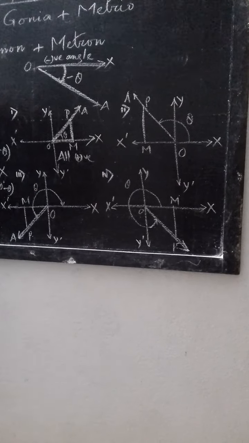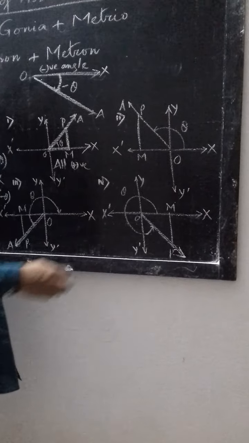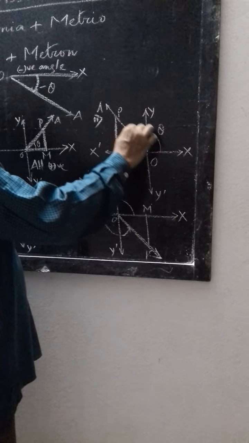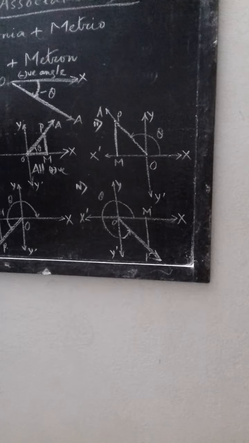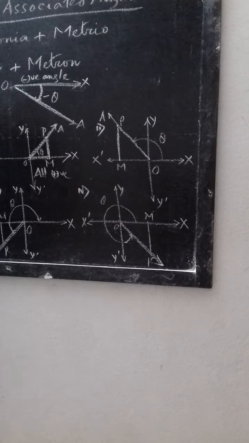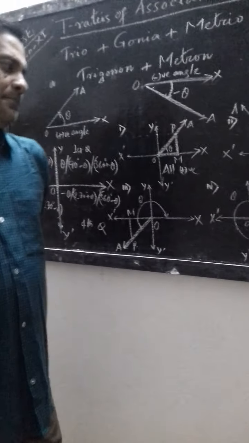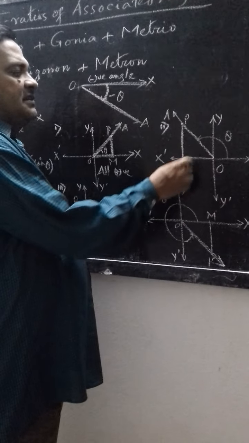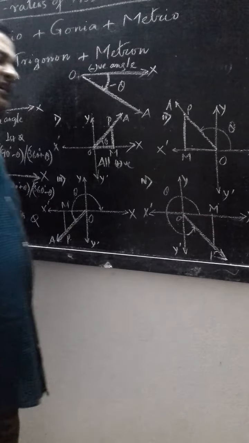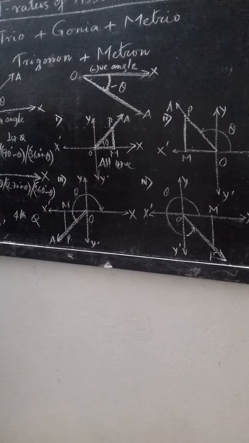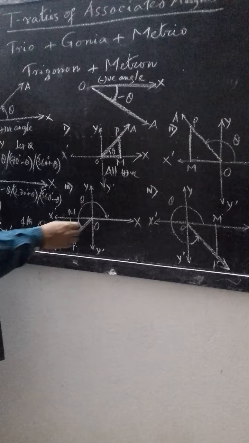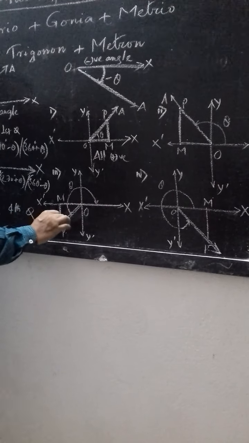Now in figure 2, here MP and OP are positive. So MP by OP and OP by MP are positive. That is, in the second figure, sin theta and cosec theta are positive. The rest are all negative. In the third figure, OM negative, MP negative.